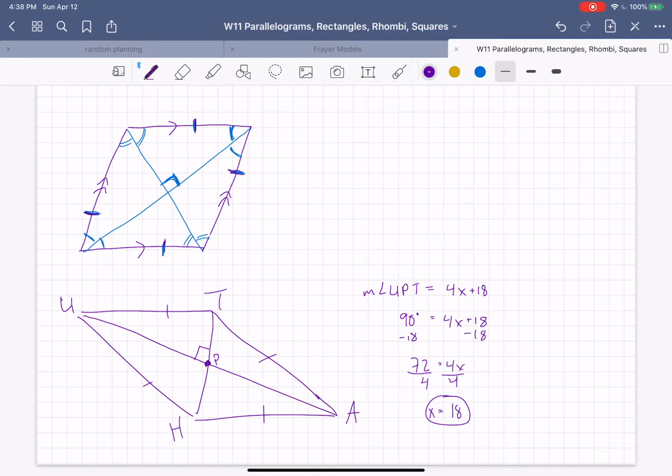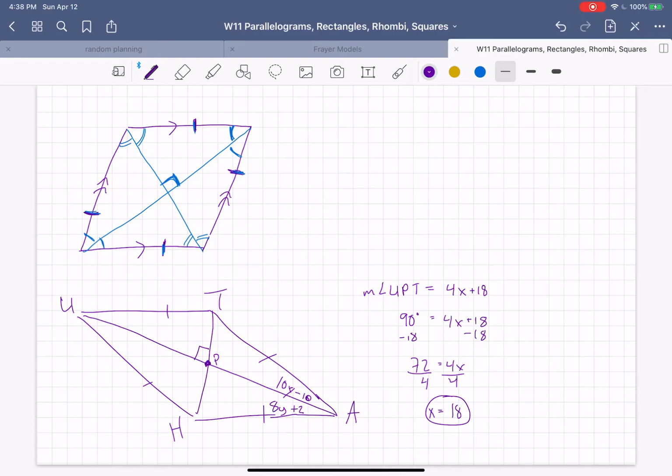So what if I said this angle right here is 8y plus 2, different variable, and then this one over here is 10y minus 10. So we have to look at our properties. We know this is a rhombus. We're trying to think to ourselves, what can we do? And the answer is that sixth property of a rhombus, the vertex angles are bisected.